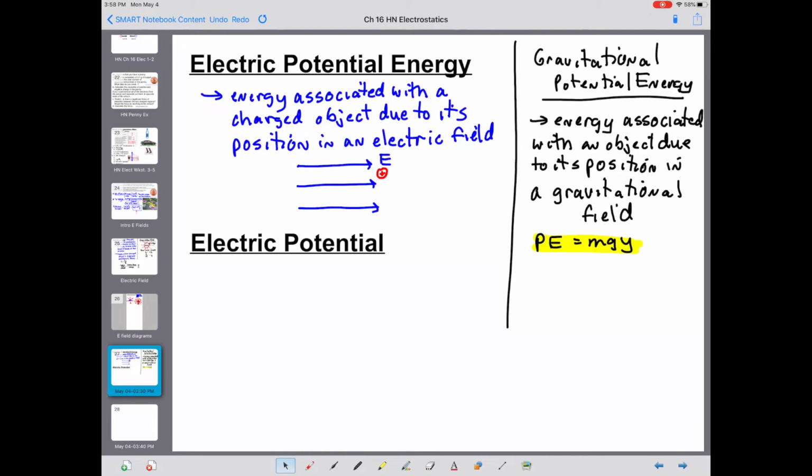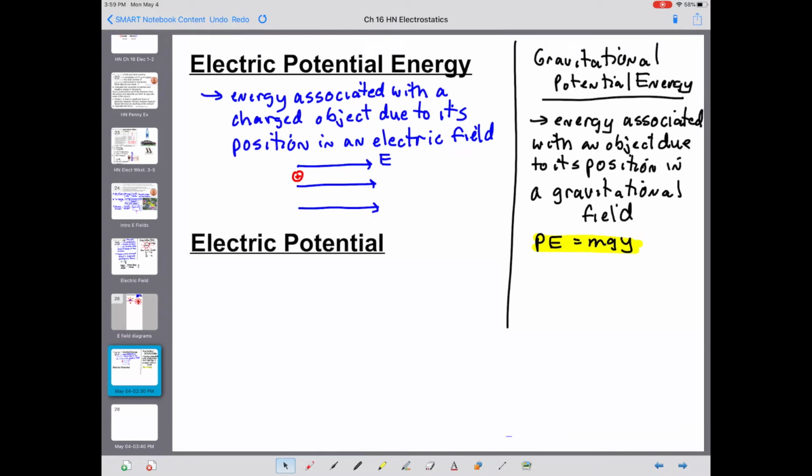Well, that would be to the region of lower electric potential energy. If, on the other hand, I moved it against the field, I would be doing work on it and I would increase the electric potential energy. I would give it more energy of position.